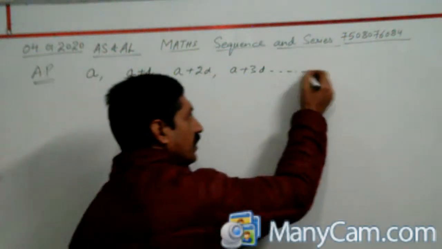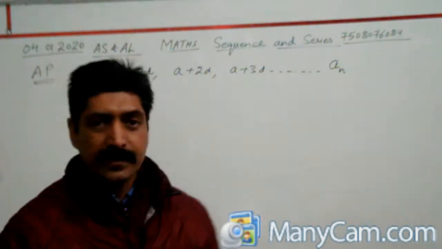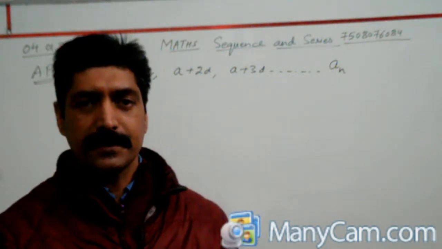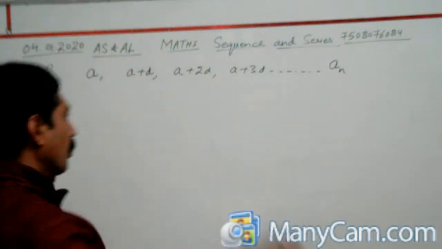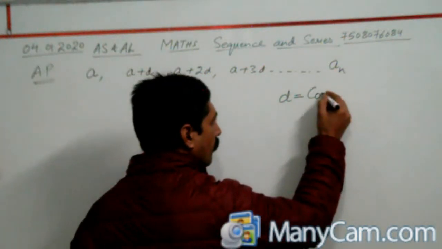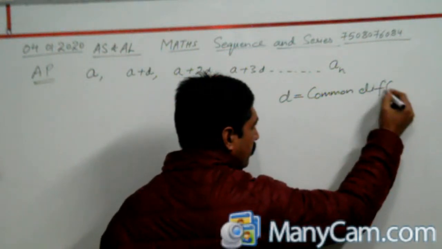In general, the last term we denote as AN, right? And this D is called the common difference.